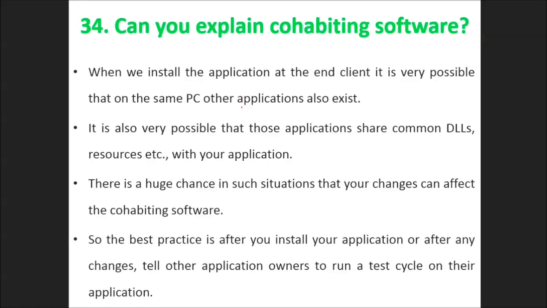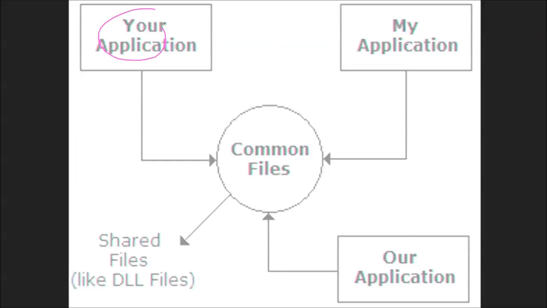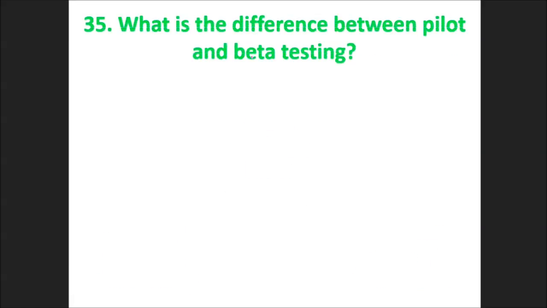So the best practice is, after you install your application or after any changes, tell other application owners to run a test cycle on their application. Like your application is there, my application is there, common files, maybe shared files or linked DLLs, it may have some cohabiting effect.